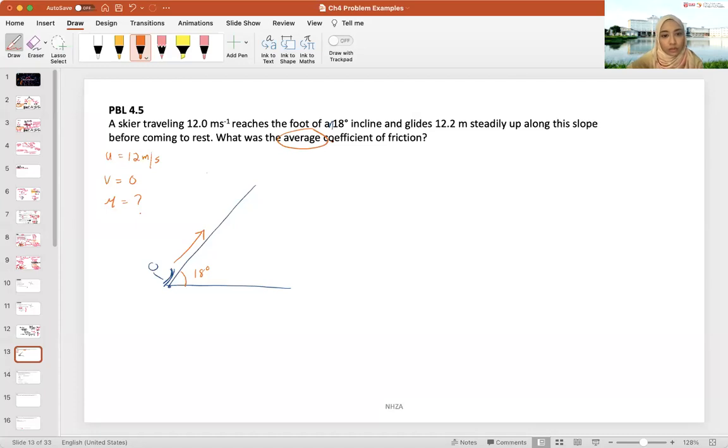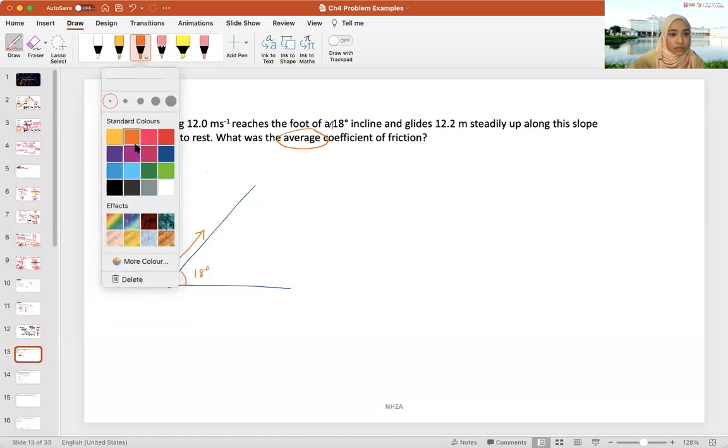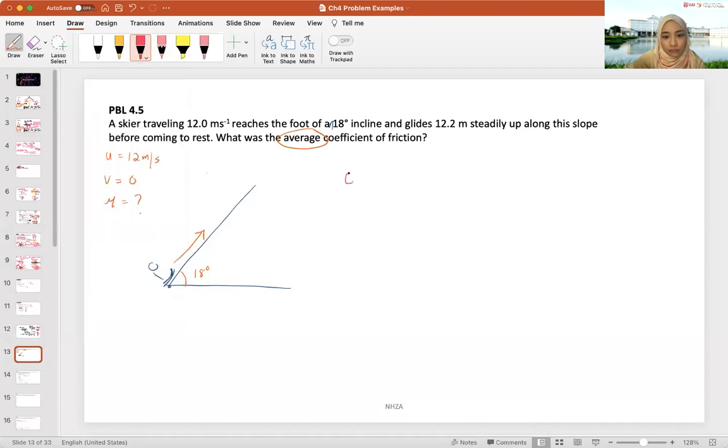Okay, so how do we do this problem? We know that we need to use the conservation of energy for this guy. So we have EI equals to EF. We know that we have friction, so there is going to be a non-conservative work done. So this equation, we have to rewrite it to become EI plus WNC equals to EF. So what are the energies involved here?